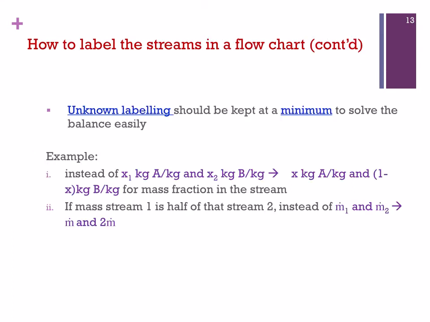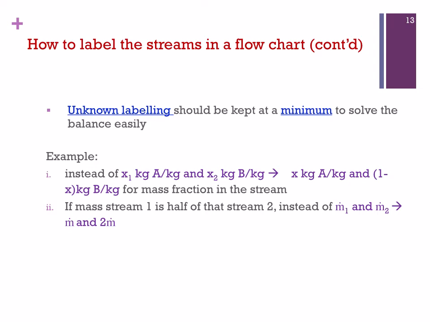When we have unknowns and want to do the labeling, we should keep them to a minimum, because we want as few unknowns as possible so that it is possible for us to solve the equation. You will also learn this in the next lecture under the degree of freedom analysis.